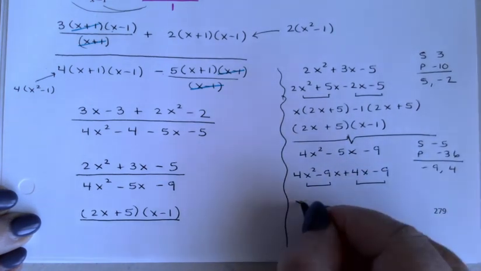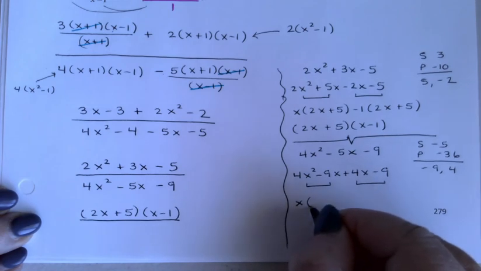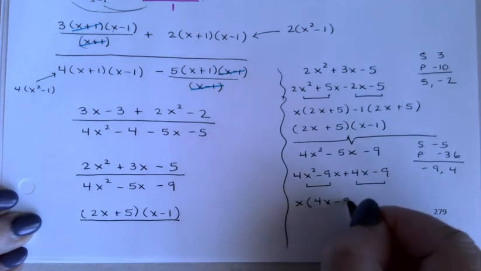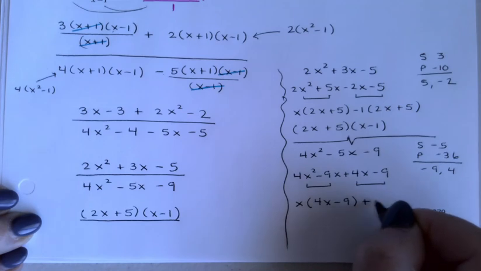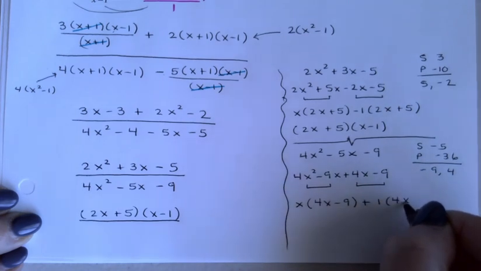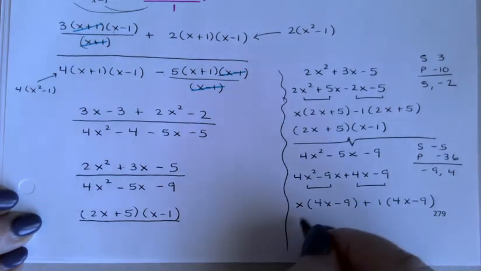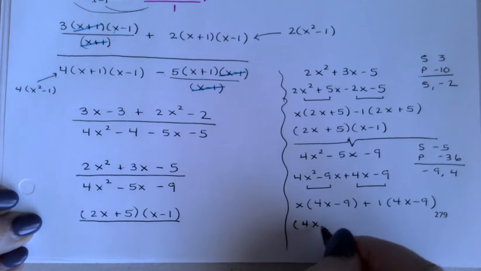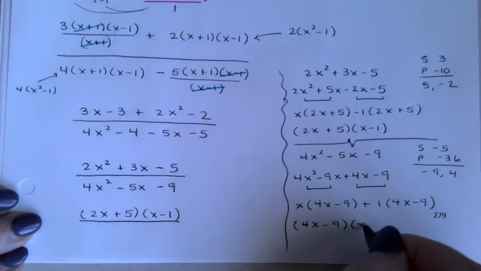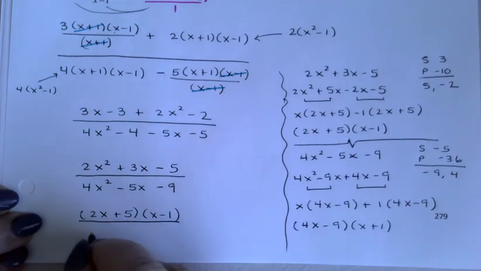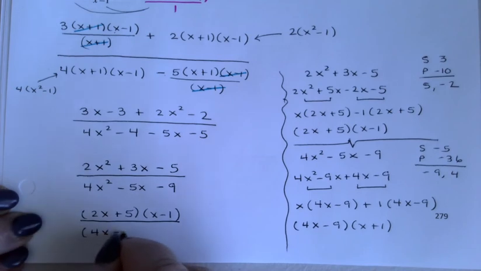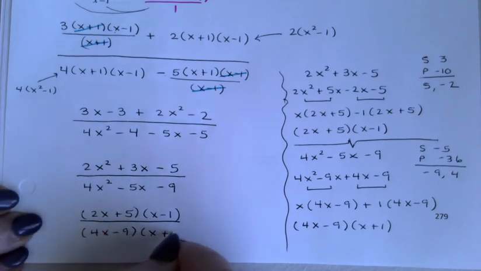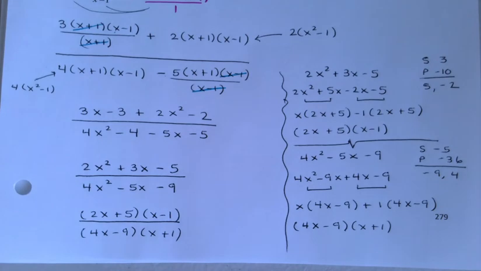Factoring x out of the first one, it's going to give me 4x minus 9, plus just a 1 out of the second one also makes 4x minus 9. So I've got 4x minus 9 times x plus 1. And it looks like I did not get anything that actually reduces there.